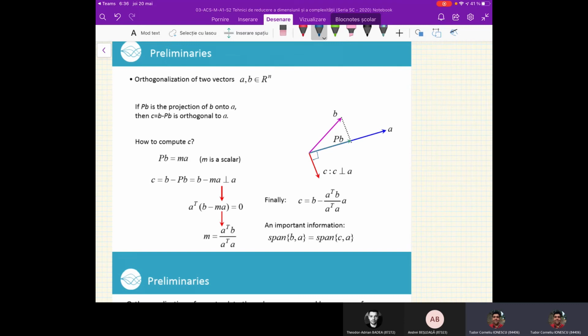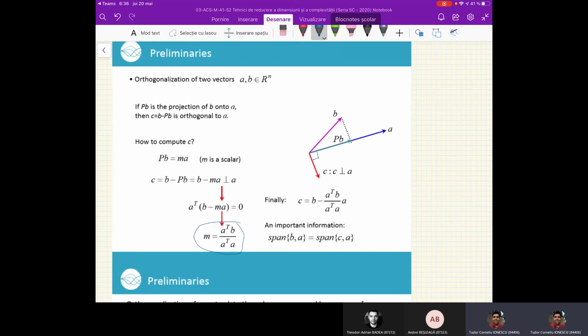You should remember this from the signal techniques course from the second year. Okay, projection. And it shows you here, and this M here is given by this formula.